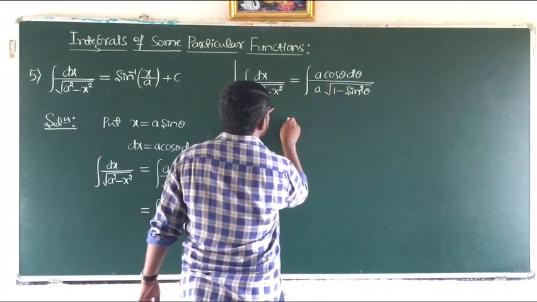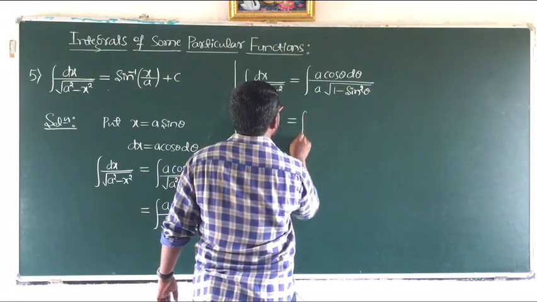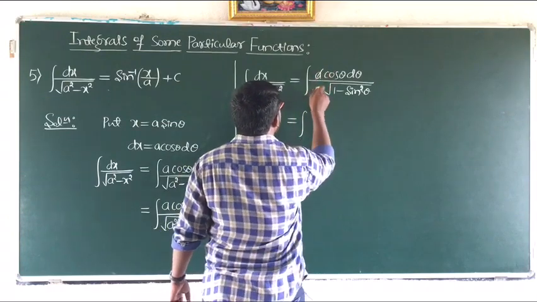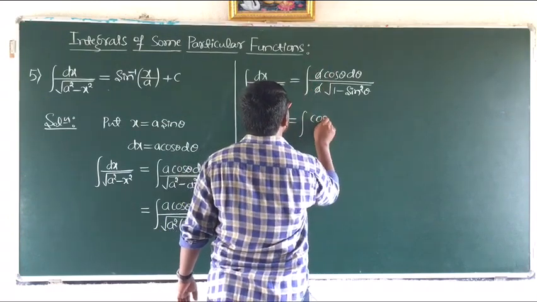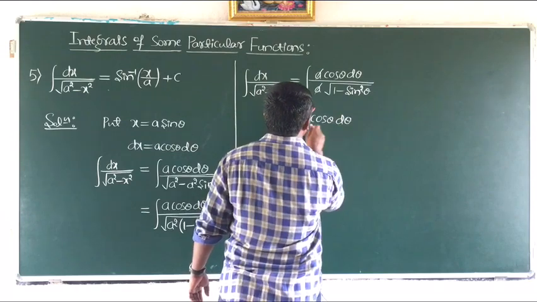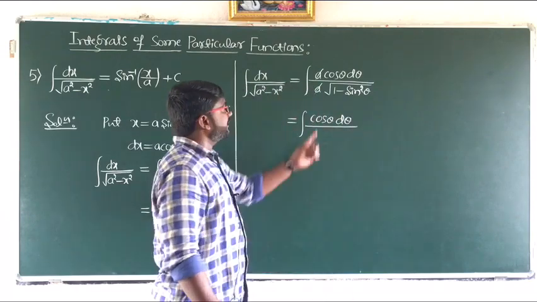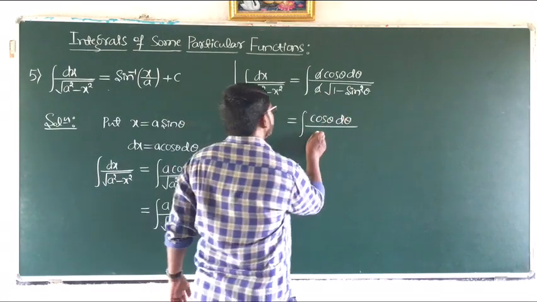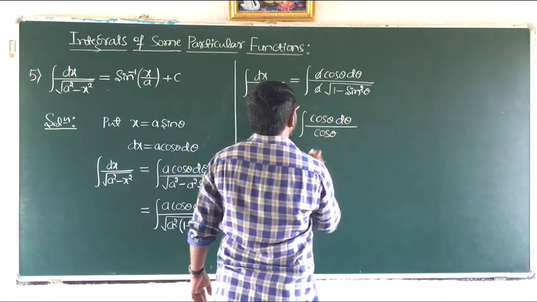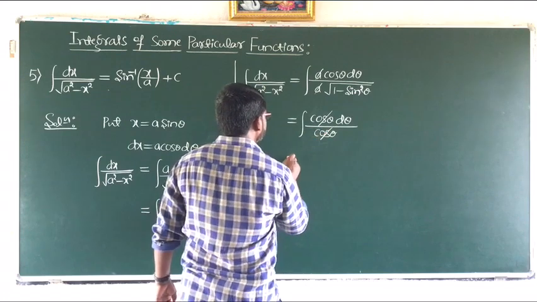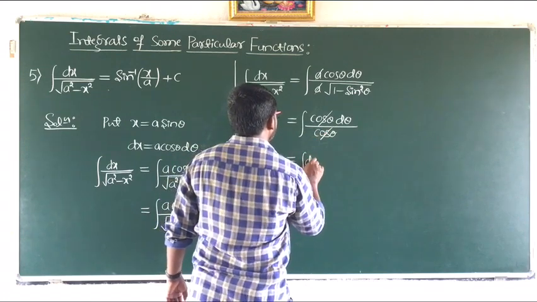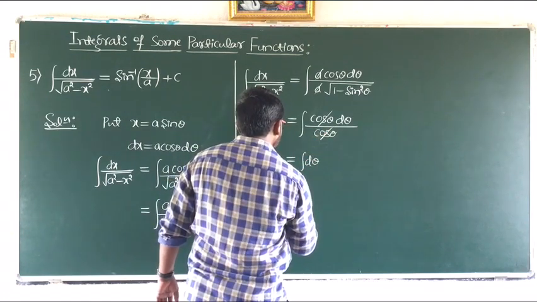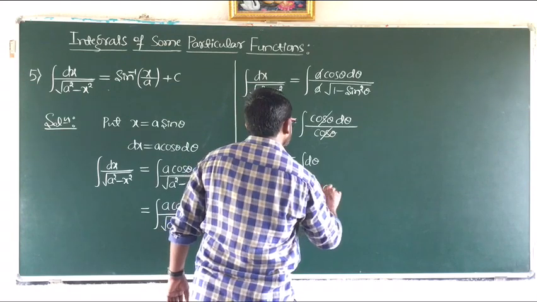So now a and a get cancelled, cos theta d theta divided by, then what is under root 1 minus sine square theta? It is cos theta, then cos theta gets cancelled. We have integral of d theta. What is integration of d theta? It is theta plus c.